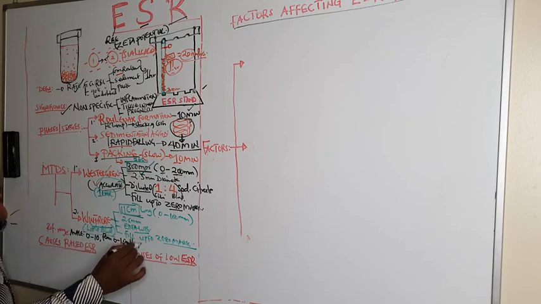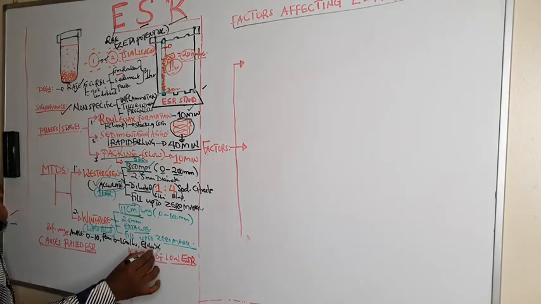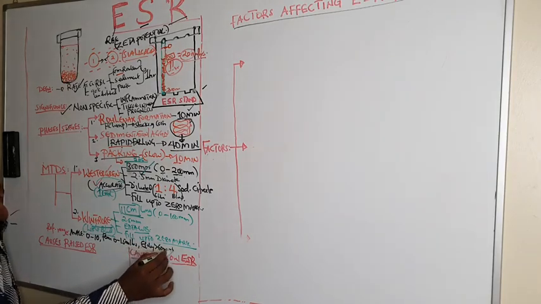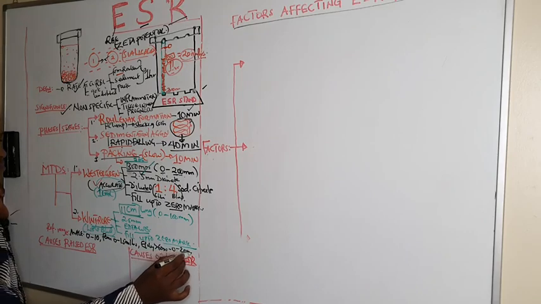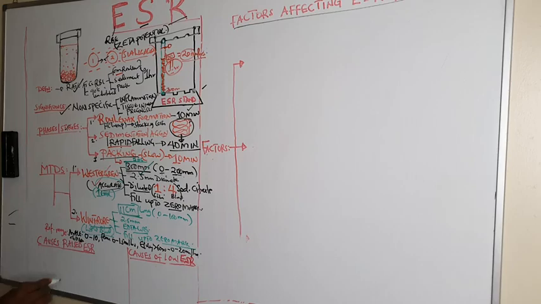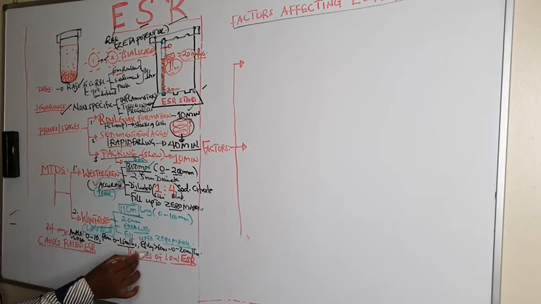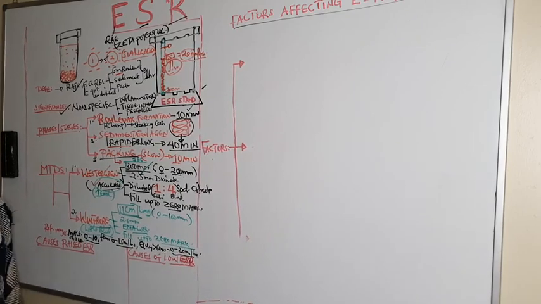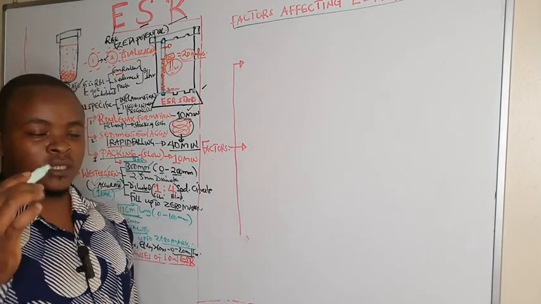Then elderly, those are people who are older than 60 years, can be 0 up to 20 millimeters per hour. For male and children, it is 0 to 10 millimeters per hour. So these are the reference ranges which you can use during ESR determination.